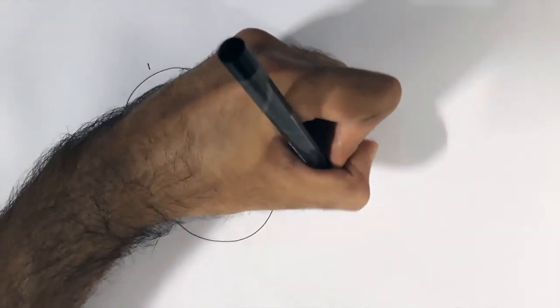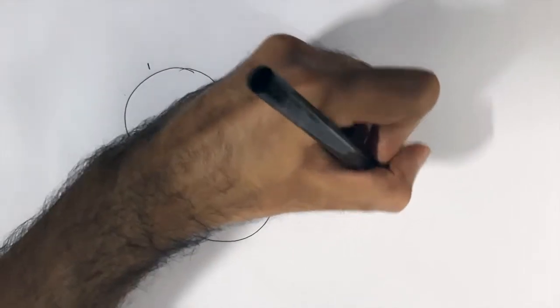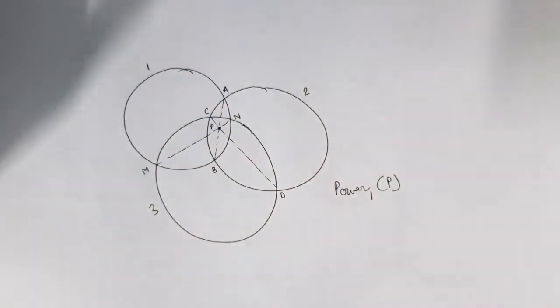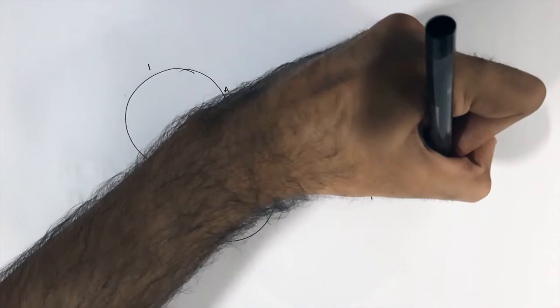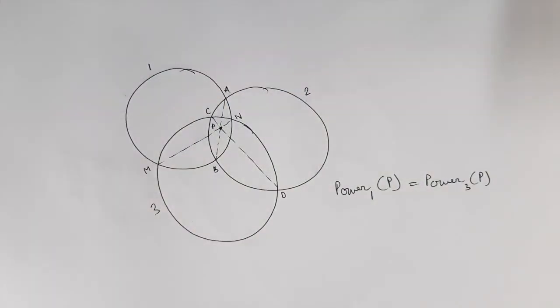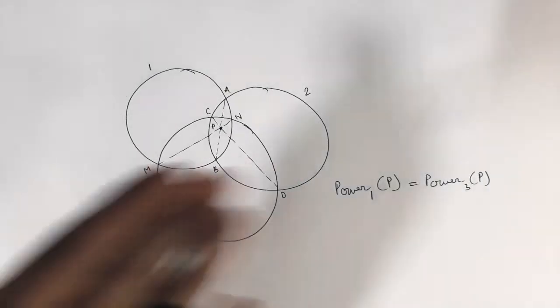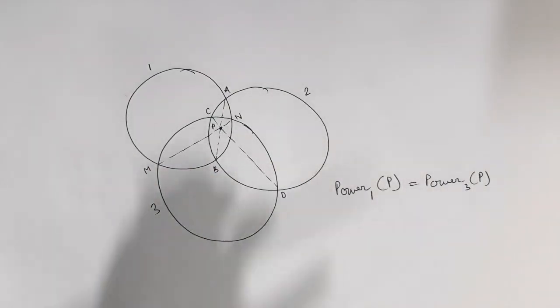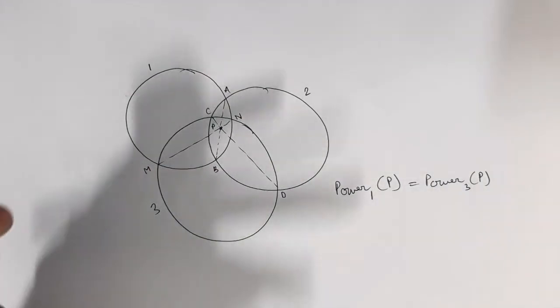So power of P with respect to 1 is power of P with respect to 3. Why? Because P lies on MN and MN is their common chord, which is also the radical axis, which is by definition the line on which all points have equal powers with respect to both circles.